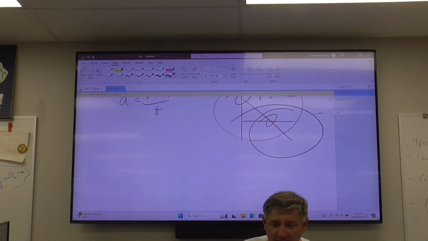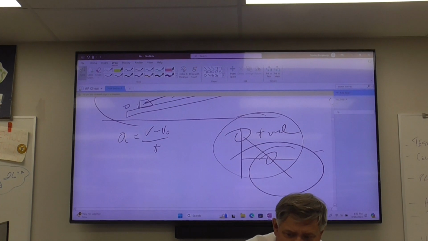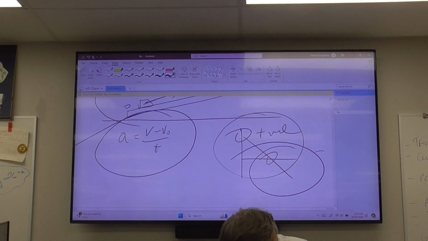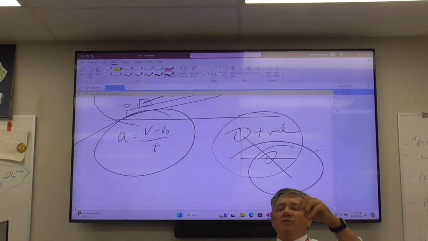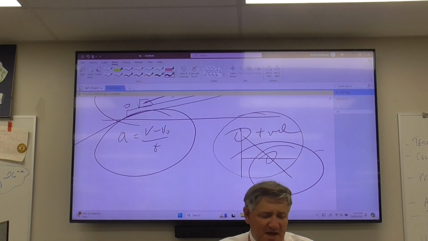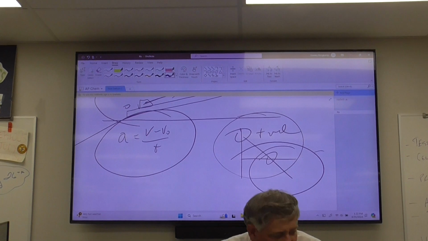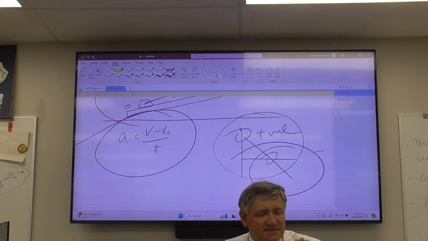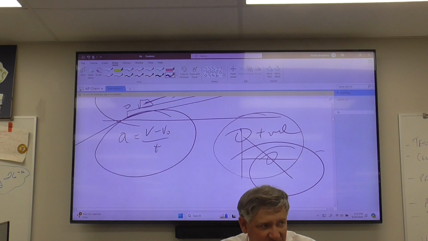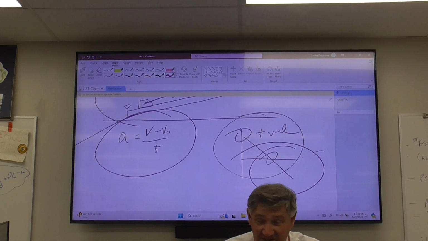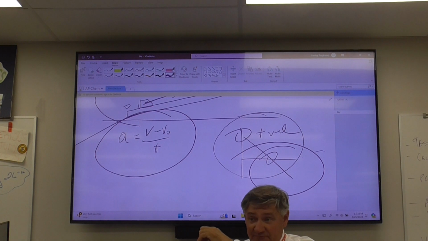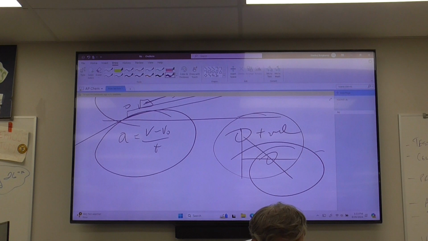Now, on the way down, if you're big into formulas, when that thing starts to go back down the hill, what's the initial velocity? 0. What's the sign of the final velocity? Negative, because you defined up as positive, so on the way down that velocity vector is pointing down the hill.